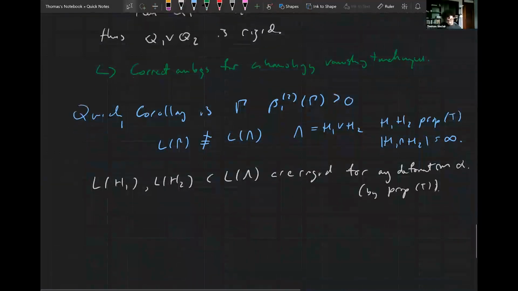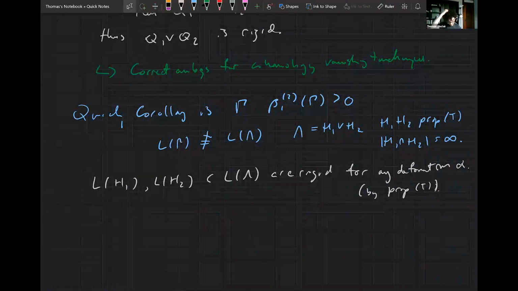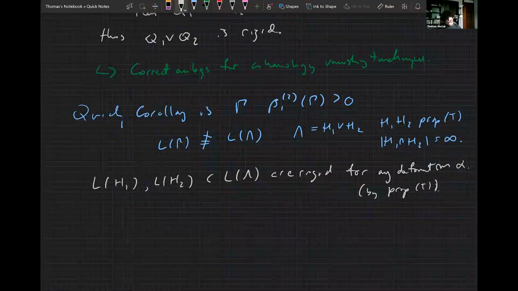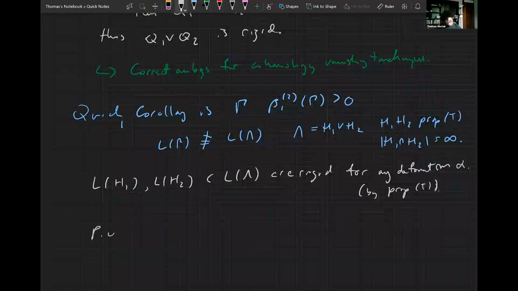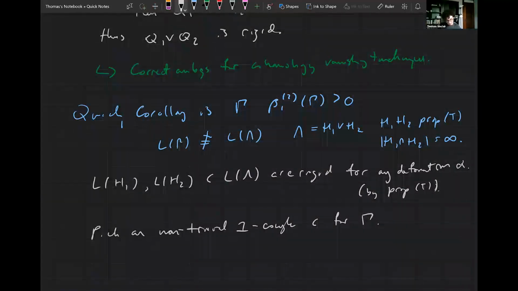Well, then, as I said, now you take the non-trivial one cocycle. So pick a non-trivial one cocycle here. For gamma, you can do that because the Betti number is non-zero. And construct a deformation.